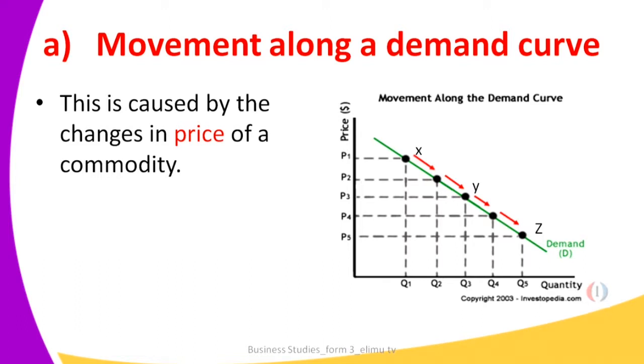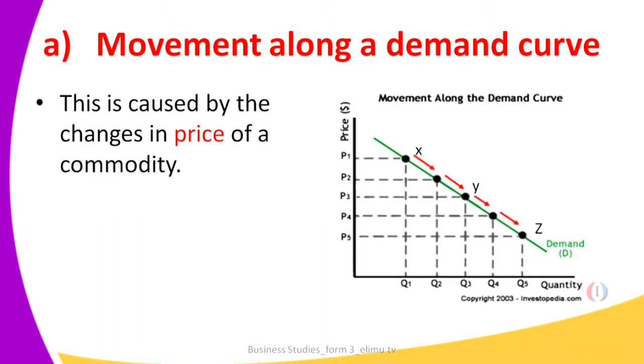And in the factors affecting demand, we said each and every factor can either increase or decrease demand. Now, when you're talking about the movement along a demand curve, it is only caused by price. Please note that the movement along a demand curve is only caused by the changes in price. When you talk of changes in price, price can either increase or decrease.